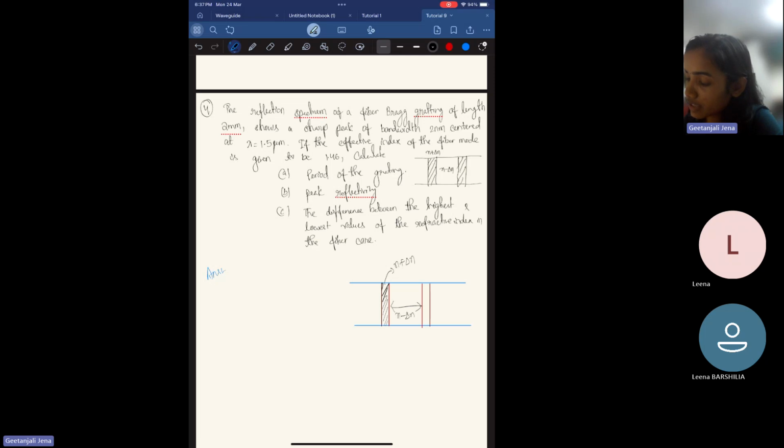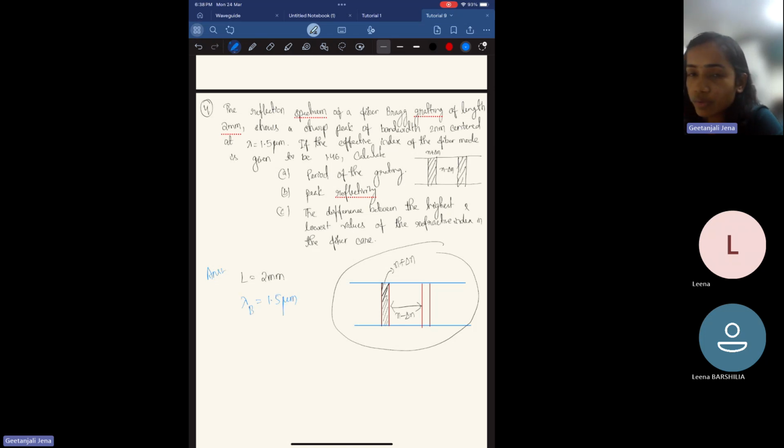So this is the fiber grating which is given to us. It is given the reflection spectrum of a fiber Bragg grating of length 2 mm. Let me take a different color. It has a peak of bandwidth 2 nanometers centered at 1.5 micrometer. So that means this is the Bragg wavelength.